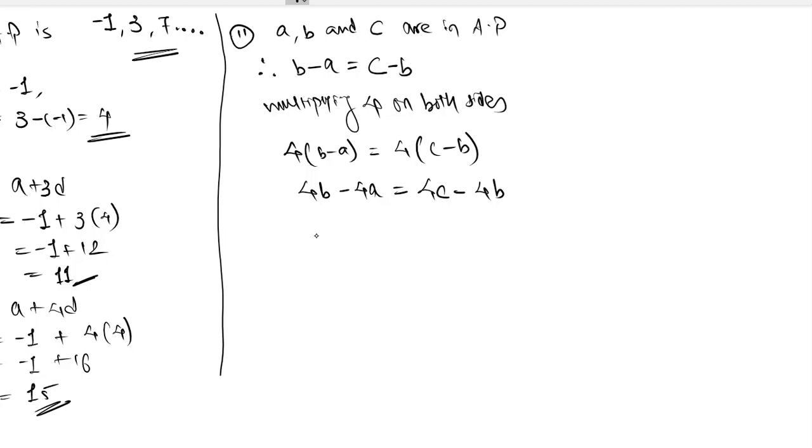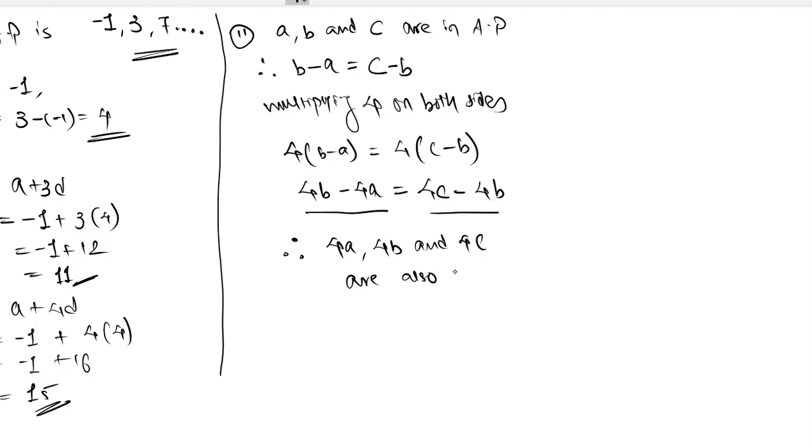What do we get here? We have to prove that 4a, 4b and 4c are also in AP. But that's easy, right? We can easily prove that. So this is it. 4b minus 4a is equal to 4c minus 4b, and therefore 4a, 4b and 4c are also in AP.